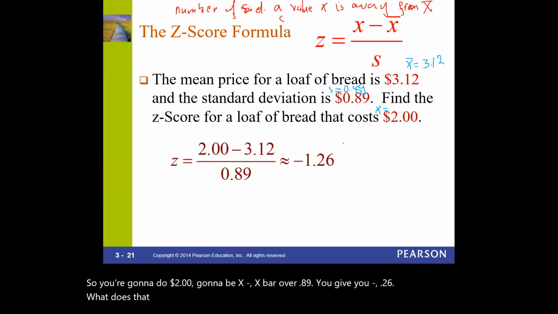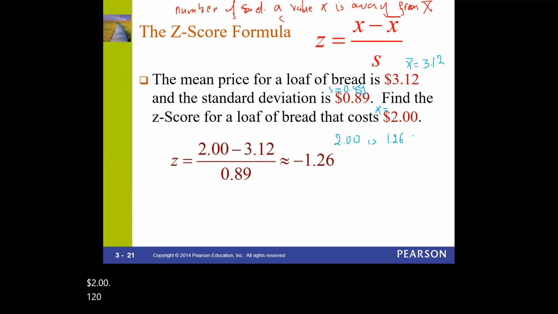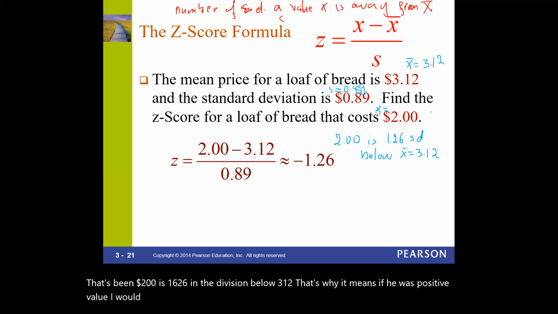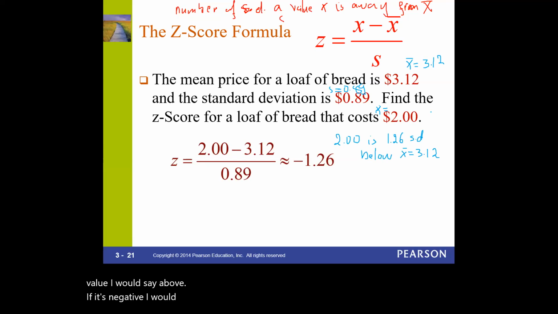It means that $2 is 1.26 standard deviations below x bar. That means $2 is 1.26 standard deviations below 3.12. If it was a positive value, I would say above. If it's negative, I would say below.